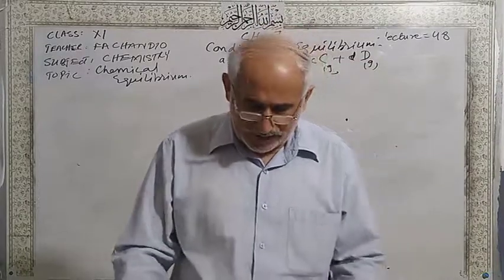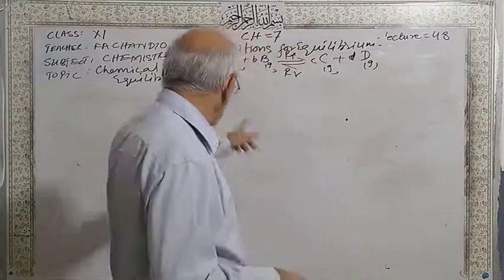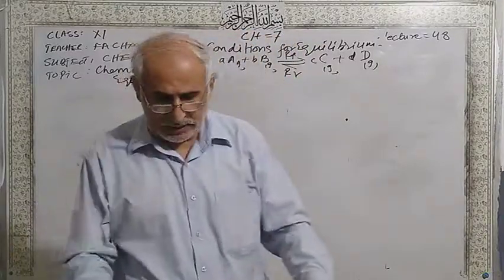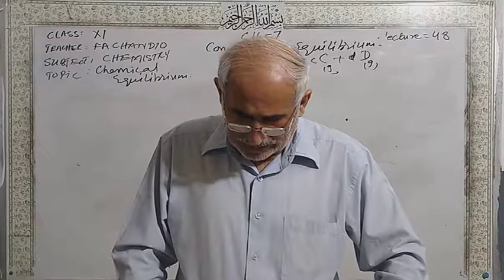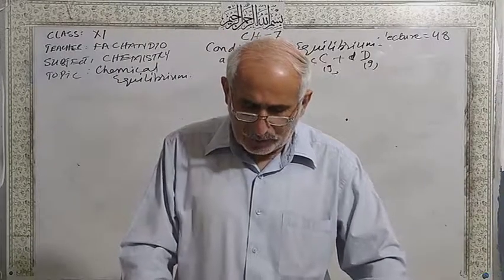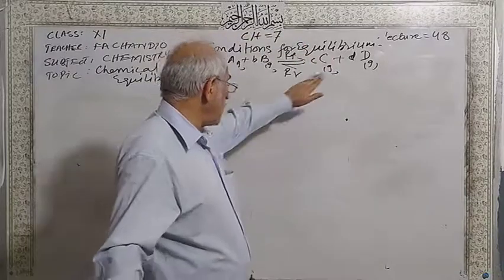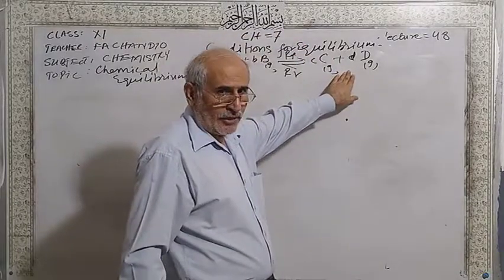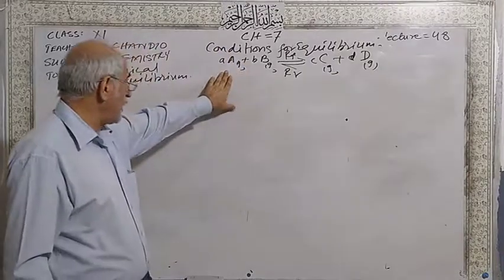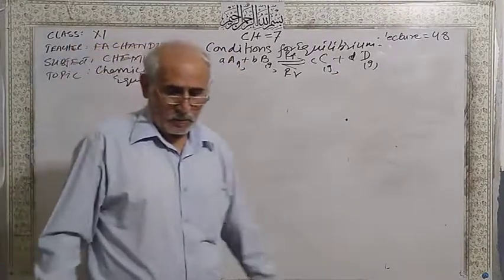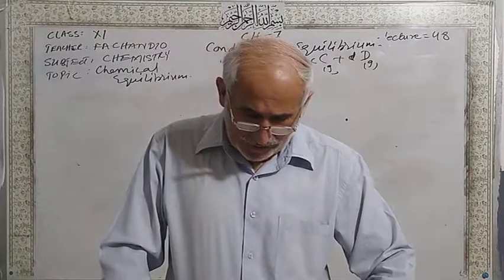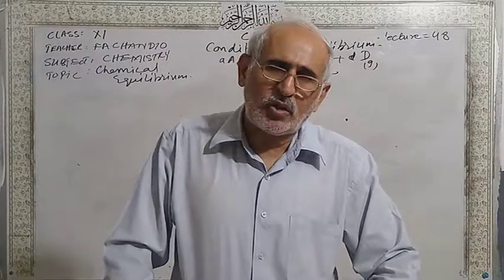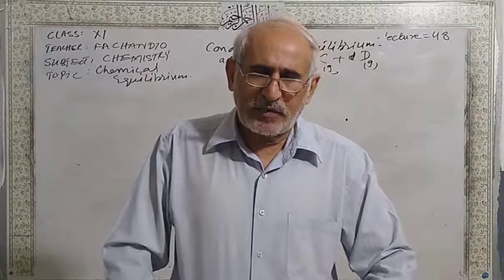Now, the equilibrium constant is related to the coefficients of the balanced chemical equation. The concentration of the products is placed on the numerator side and the concentration of the reactants is placed on the denominator side. This point number 4 is very important and you have to concentrate on it well.